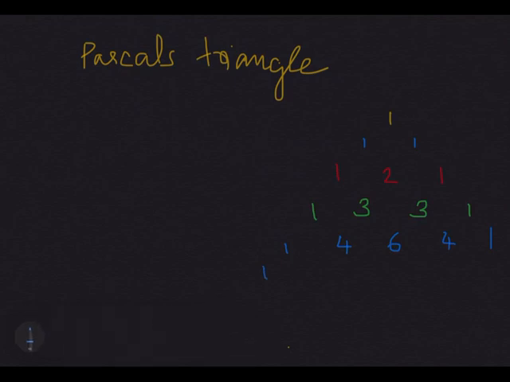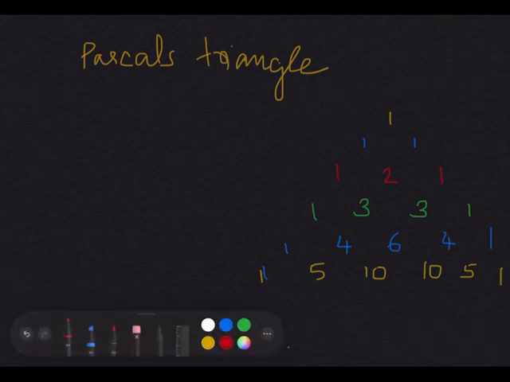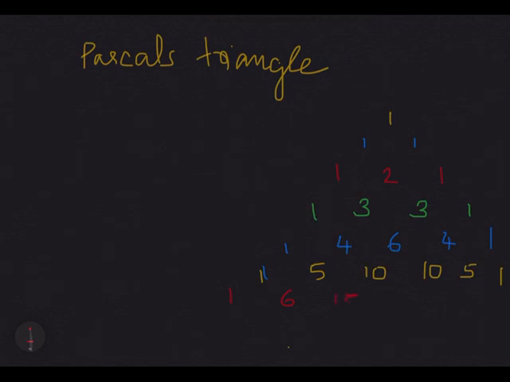Then 1, 5, 6 plus 4 is 10, 10, 5, 1. Then 1, 6, 15, 20, 15, 6, 1. So this is Pascal's triangle.